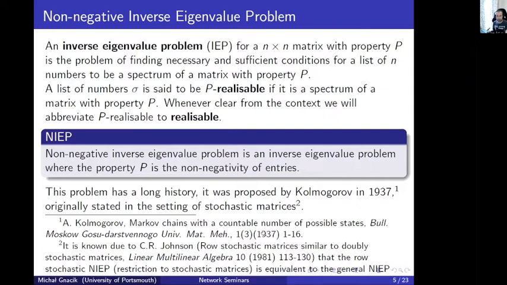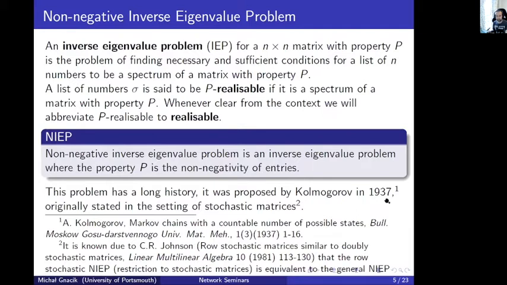This sort of problem of generating matrices from eigenvalues was due to Kolmogorov, the probability Kolmogorov guy, in 1937. It was originally stated in the context not of non-negative matrices but of stochastic matrices. However, in 1981, Charles Johnson showed that those two are equivalent problems.